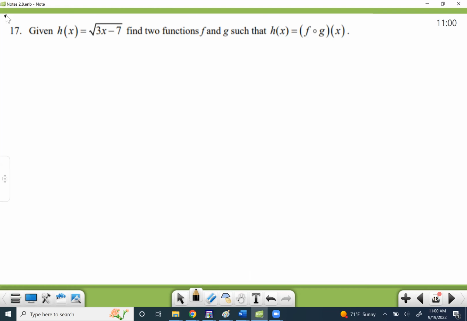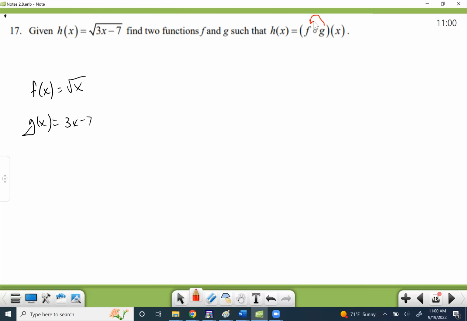All right, so there are a lot of different answers. Let me give you a few so you can understand what I mean. One possible answer could be this. So let's check it. Now remember, when I write it this way at the top of the screen, this means g is getting plugged into f.